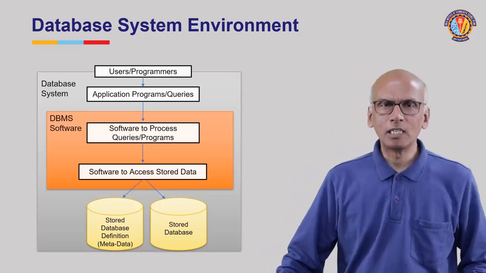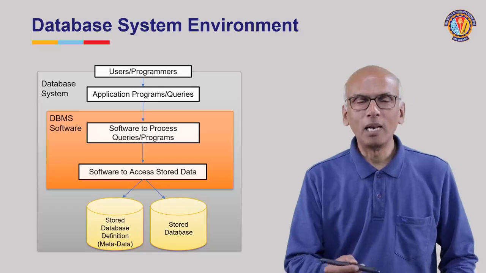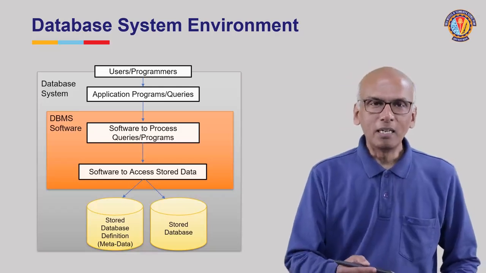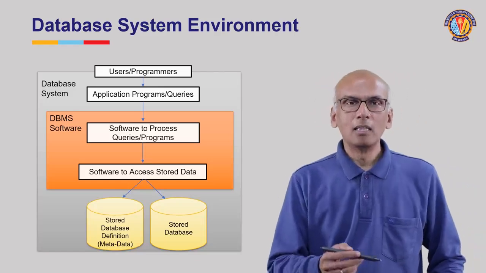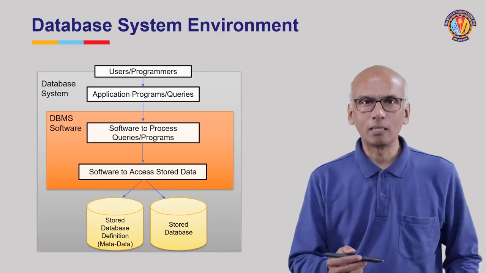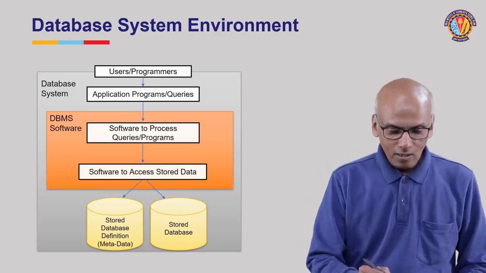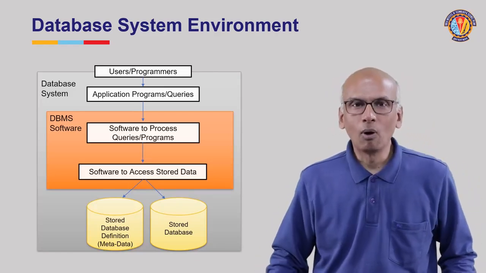What we know is that there are many application programs and all of them will have some requirements for data processing. And DBMS software needs the ability to understand the queries or the other requirements that the application programs have. The DBMS software also needs to have full knowledge of the data that is stored.